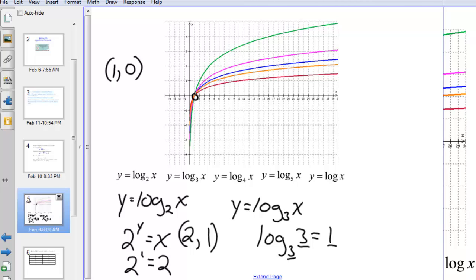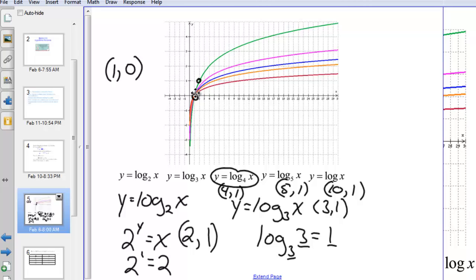So log base 3 of x has the point 3, 1, which means that log base 4 of x should have the point 4, 1, and log base 5 should have the point 5, 1, and log base 10 should have the point 10, 1. So if I look at these different graphs, I can see that at 2, 1, that's my green graph, which would mean that log base 2 is the green graph.